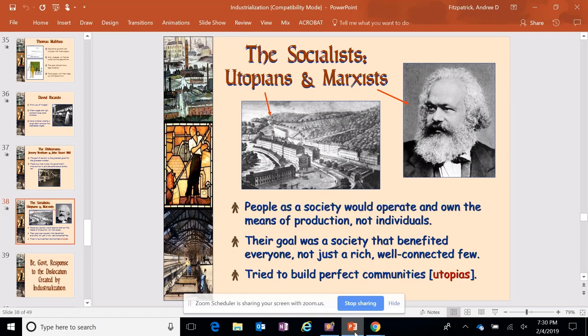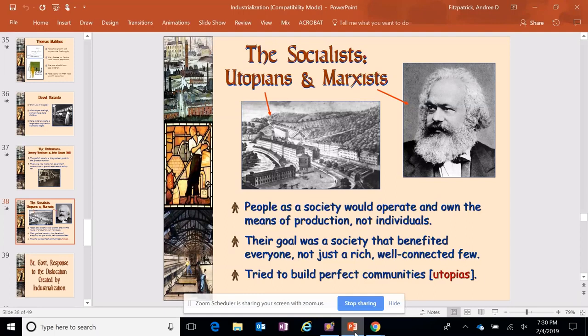And so therefore the incentive to exploit your workers in the name of profit was always going to be very high. So what the Marxists believed was that the workers would rise up and would actually seize the means of production, the factories, the machines, the land, and they would operate the factories, and they would distribute and share the profits amongst themselves.